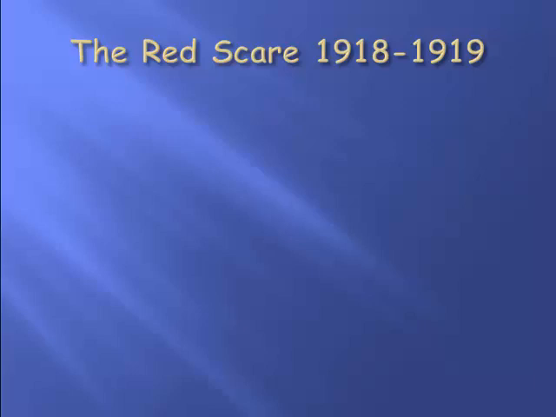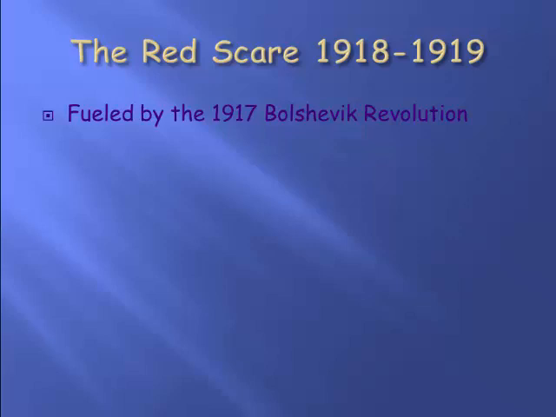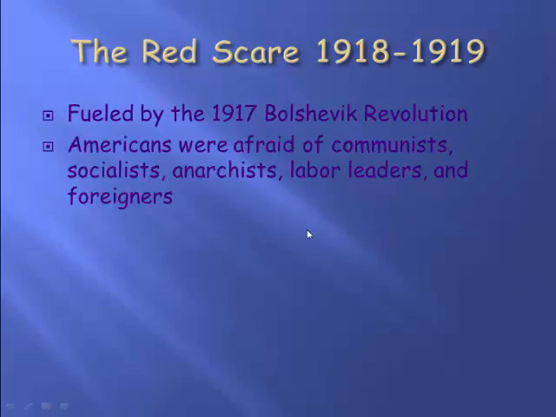Well, the biggest one, you'll see this again in the 1950s, is the Red Scare. So there's a Bolshevik revolution, the communists take over in Russia, and there's a fear that some of these Russian immigrants who are coming to America are going to spread bad ideas, spread communist ideas. So you should know, if you ever see the Red Scare, who are Americans afraid of? Well, Americans were afraid of communists living in America.